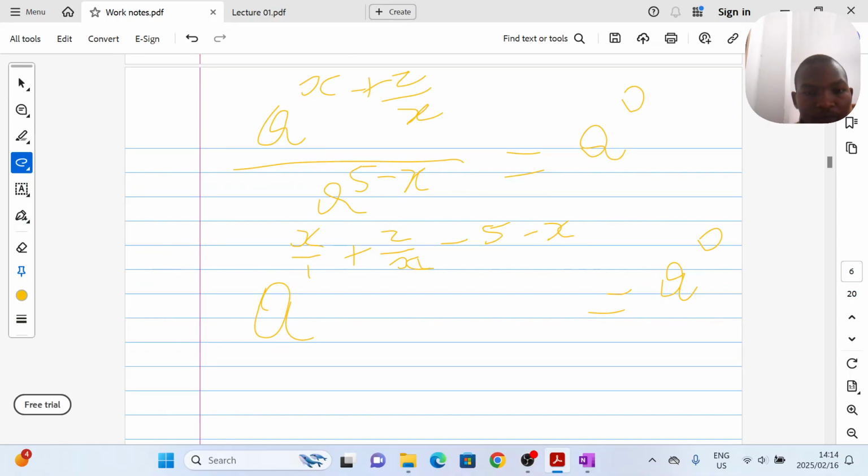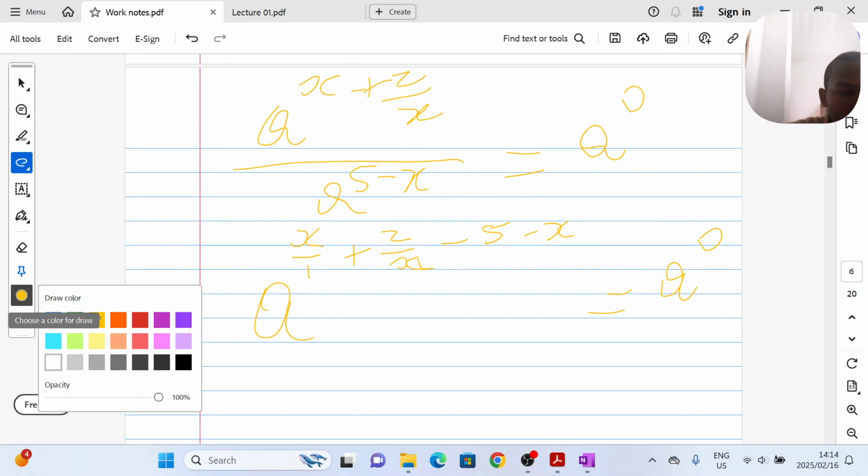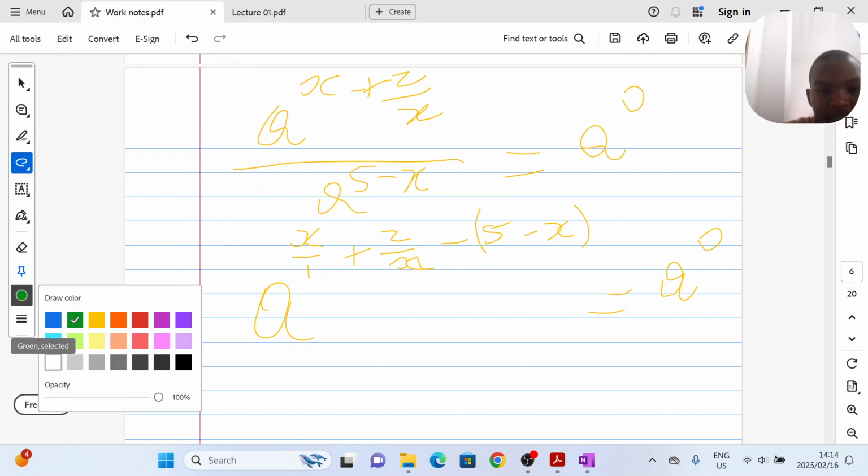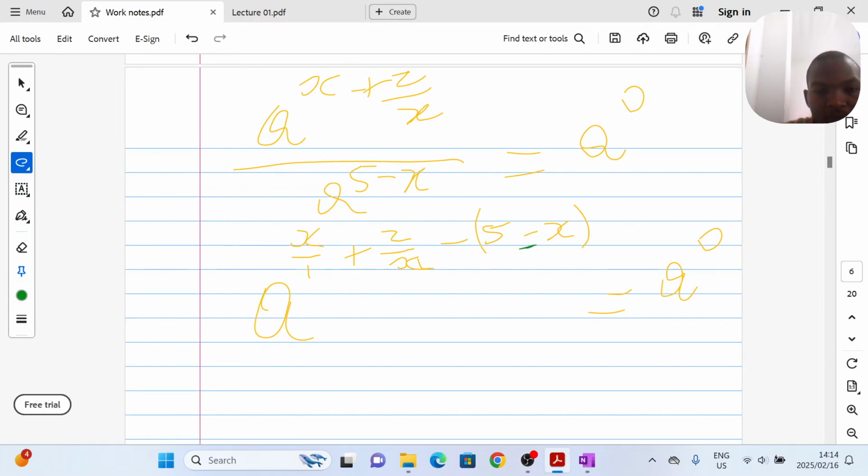Take note of what I have done now. It is common for students to say this is the correct answer, but remember that we're supposed to have the brackets there. Don't miss the brackets, because if you miss these brackets, this sign here will actually be wrong.